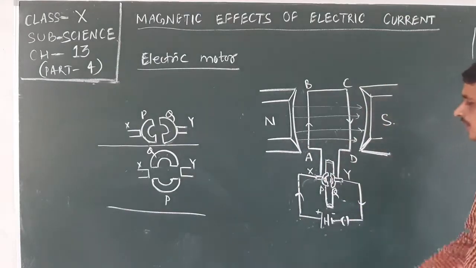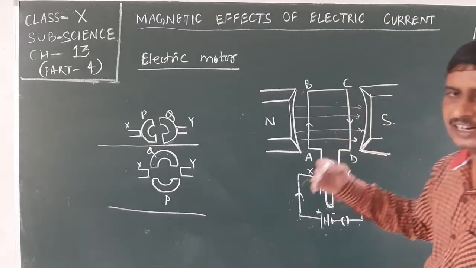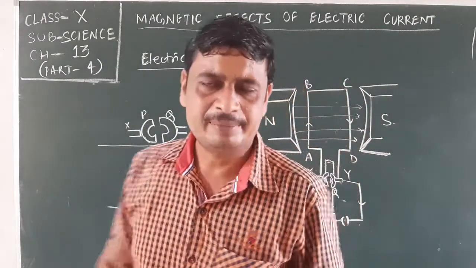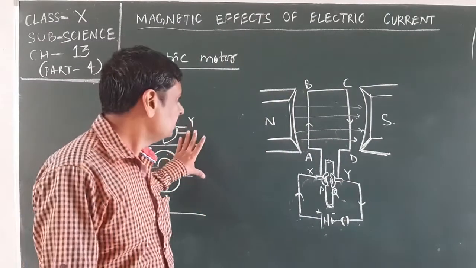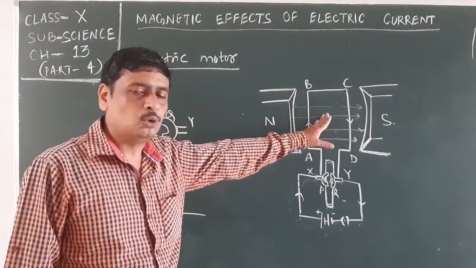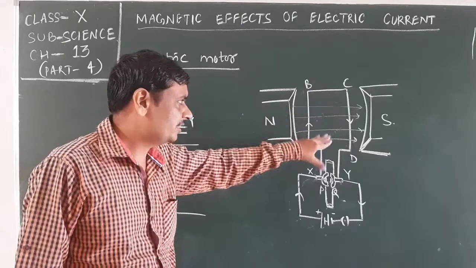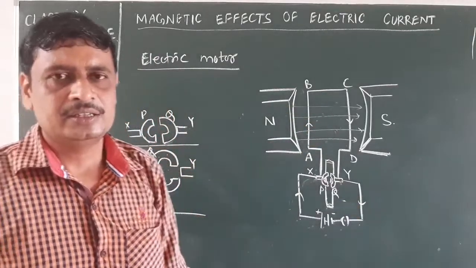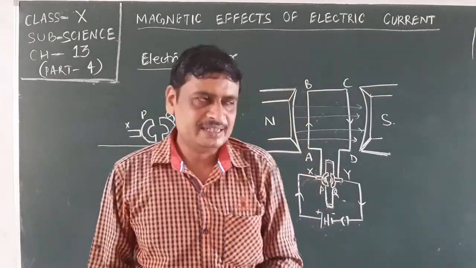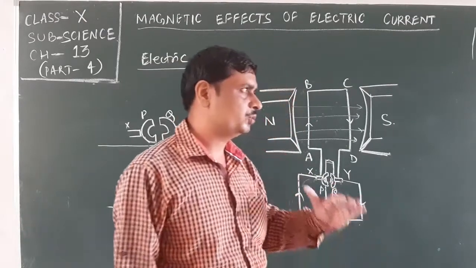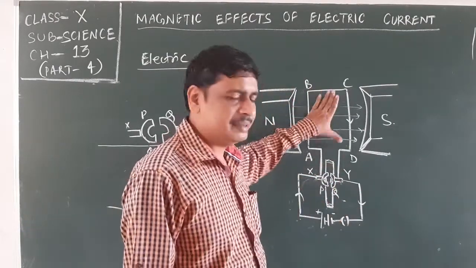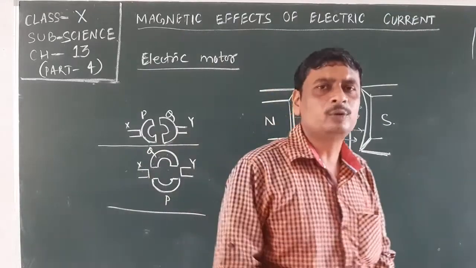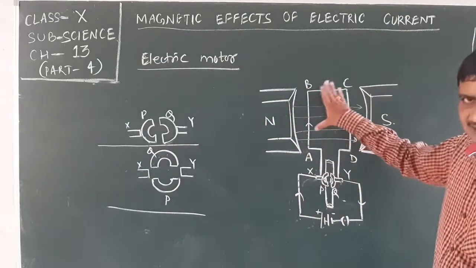When electric current does not come to the ring, electric current cannot flow through this armature. That's why force cannot be applied on this armature. According to Fleming's left-hand rule, the force will be exerted on the armature when electric current flows through the armature ABCD.